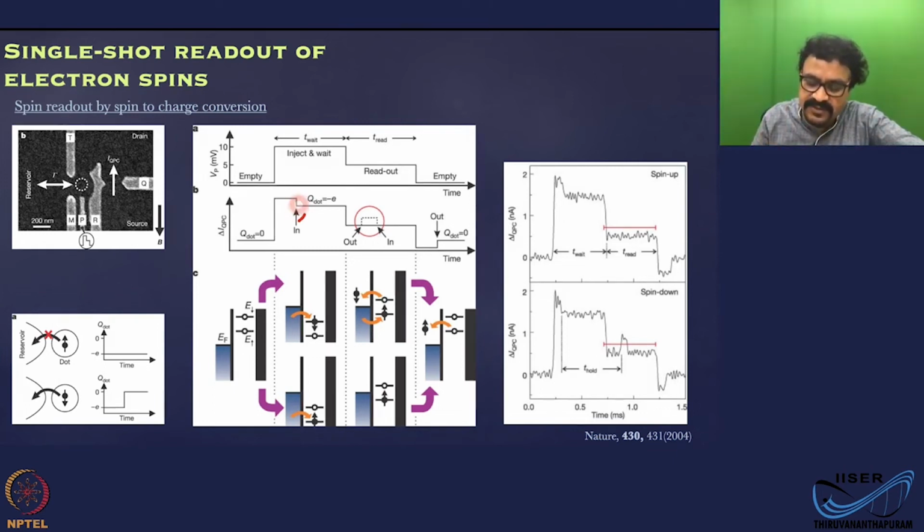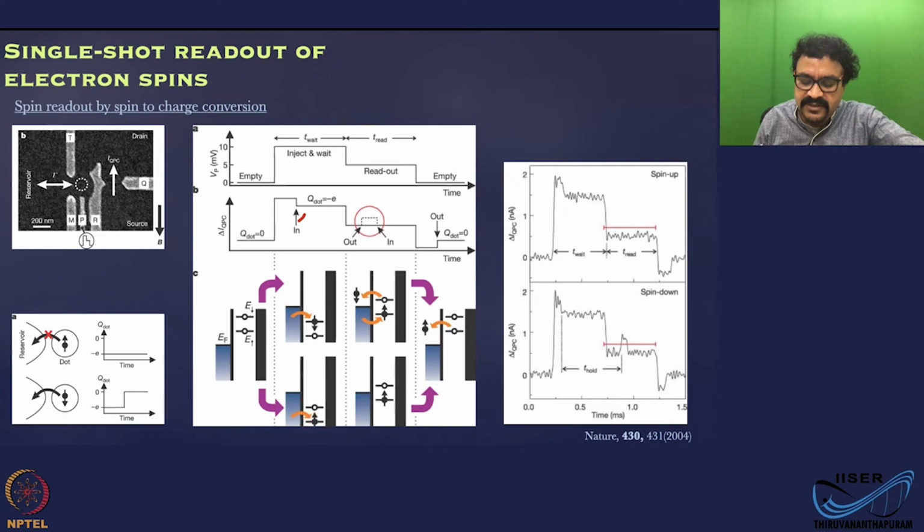That is what this drop here is. This signals the filling of the dot. Either way, whether at this level or this level, the quantum point contact cannot distinguish, because it just detects the charge. So either charge is in this state or charge is in this state. So you have charge on.